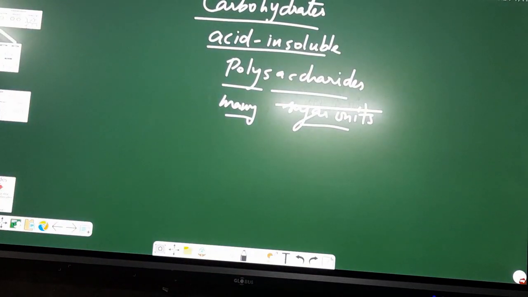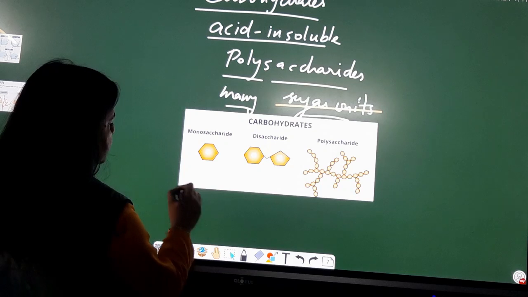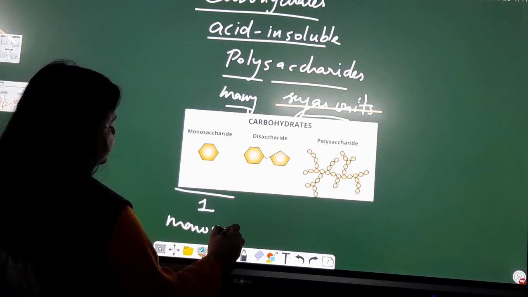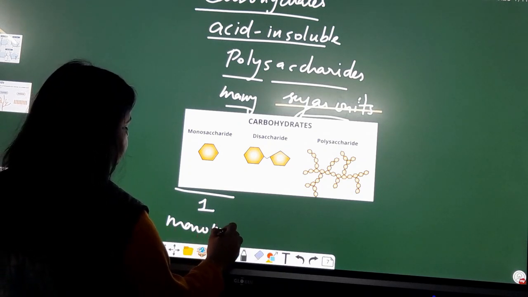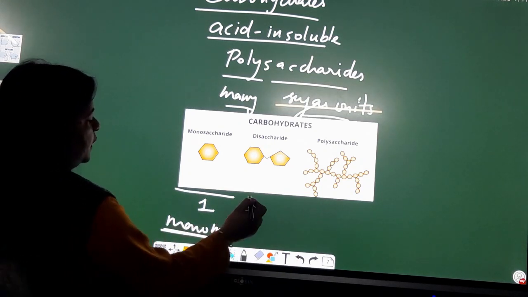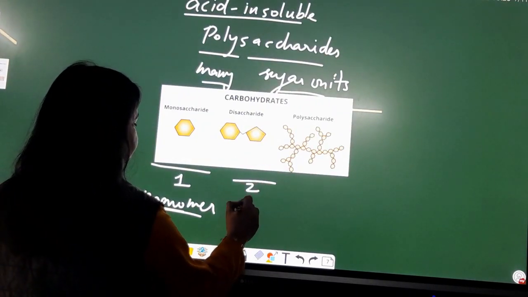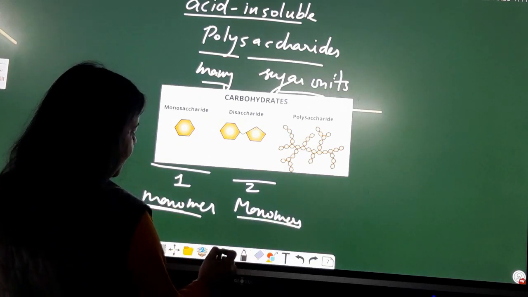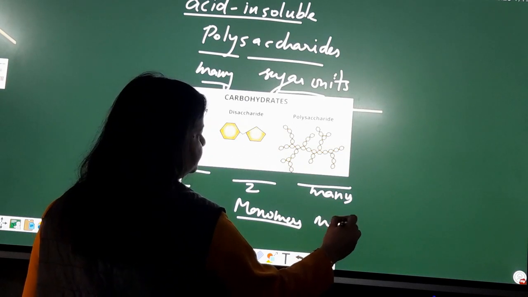Polysaccharides generally have saccharide as the monomer unit. Carbohydrates which have only a single unit are monosaccharides, with one monomer. Disaccharides have two monomers, and polysaccharides have many monomer units.